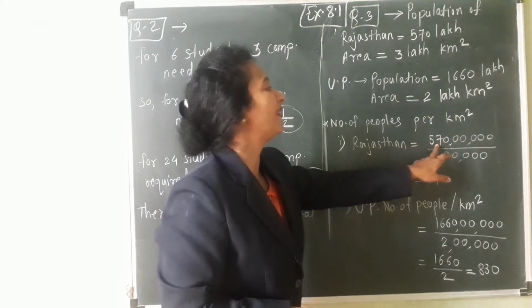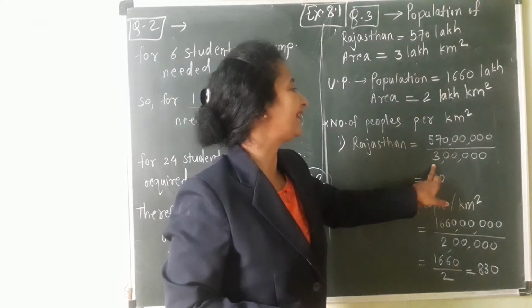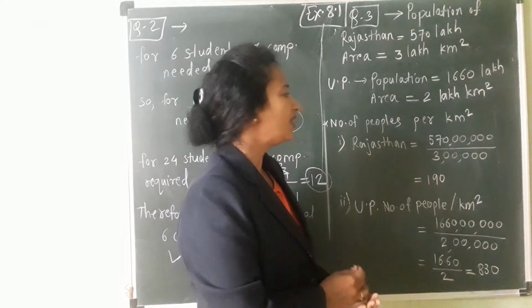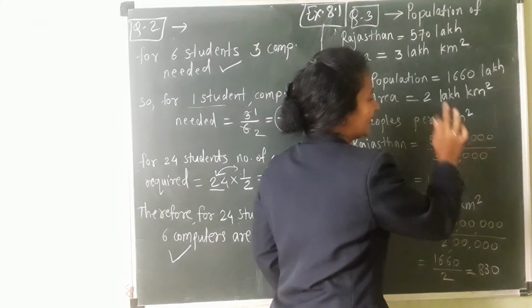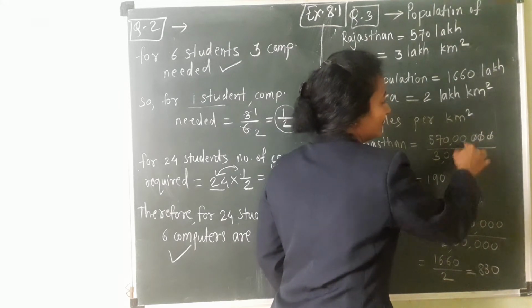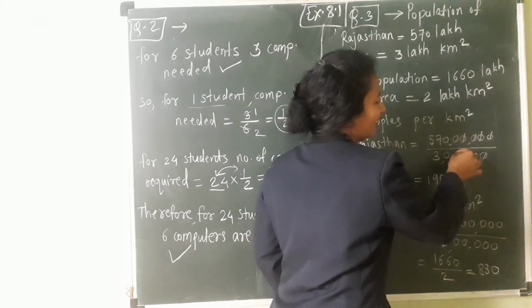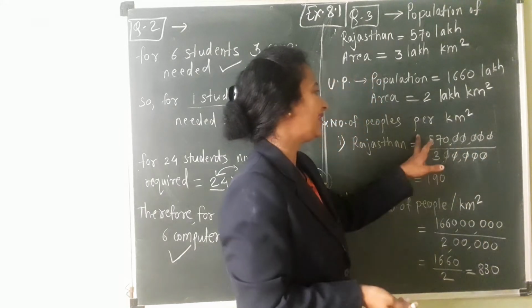So it's 570 lakh and the area is 3 lakh, written below. So what will we do here? We'll count the number of zeros, 3, 4, 5, and here 6. So we'll cut the same number of zeros from the dividend and from the divisor. So what remains here?